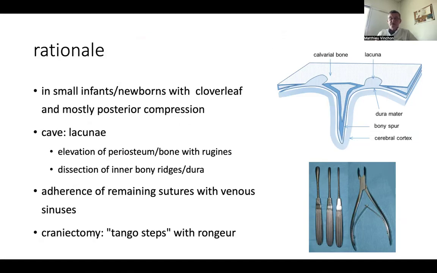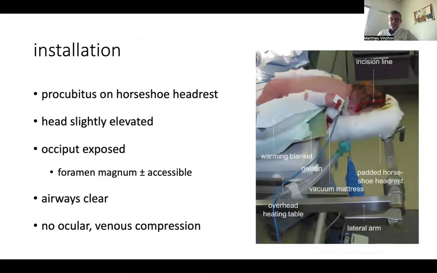And we have to be very careful of the remaining sutures, where the dura can be very adherent to the bone. And the craniectomy progresses by tango steps, as said by Patrick Delem, who was my mentor, using the rongeur, two steps ahead, one step behind, in order not to bite on the dura mater.